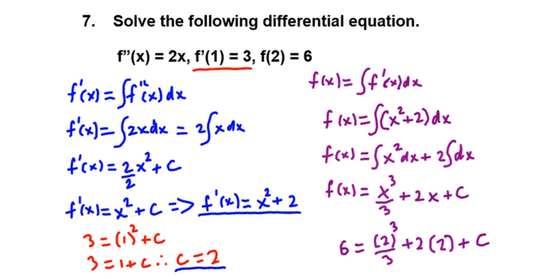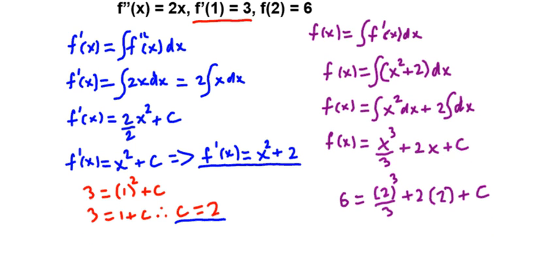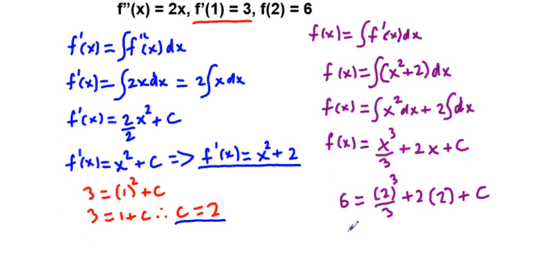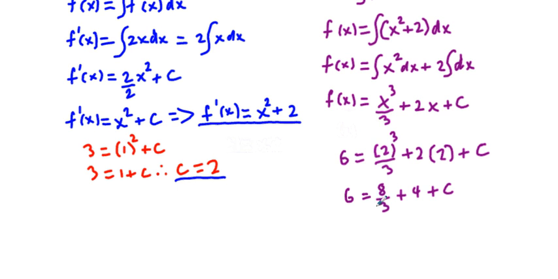So what we have here is 6 equals 2 cubed, which is 2 times 2 times 2, 8 thirds, plus 4, plus c, and we're going to convert everything to thirds. 6 is going to be 18 thirds.